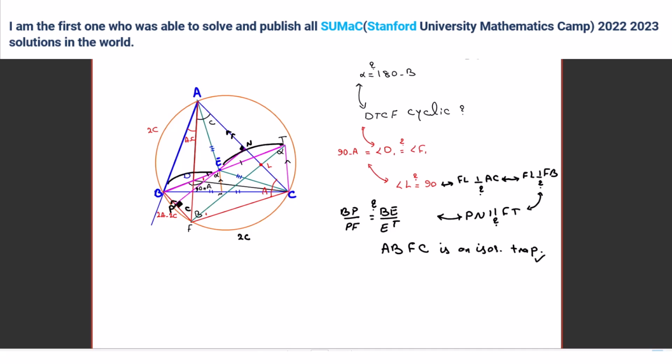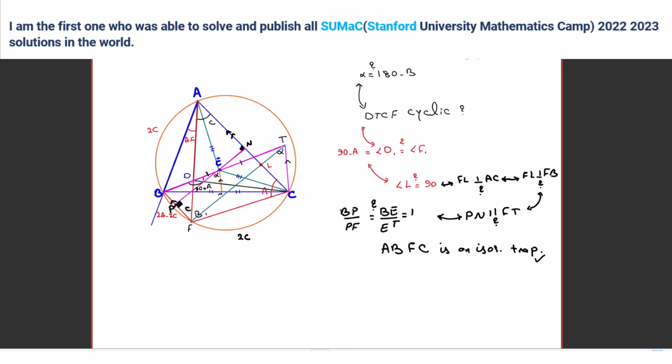This over this is equal to this over this, right? So BE over ET is what? 1. Exactly, 1. So if we prove BP over PF is 1, or P is the midpoint of BF, the problem will be solved, right? And it's so easy to prove.